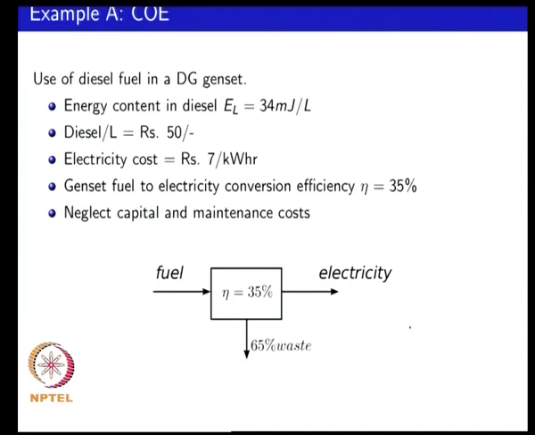So, we will look at a simplified problem where if you look at the energy content in 1 liter of diesel fuel, you have 34 megajoules. Okay, this is not millijoules, this is megajoules of energy per liter.